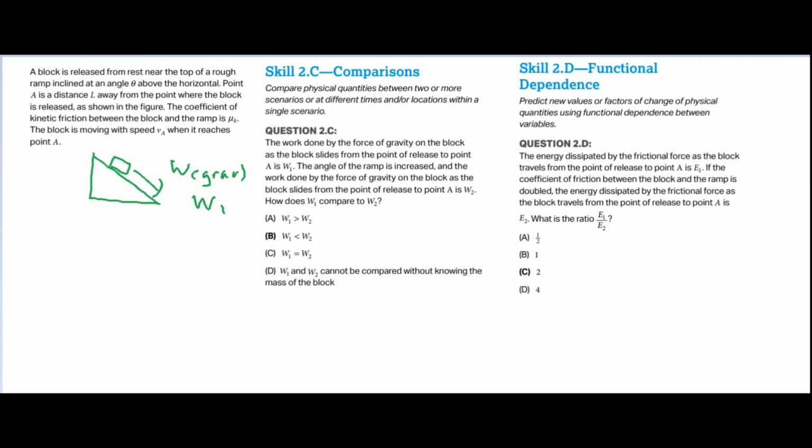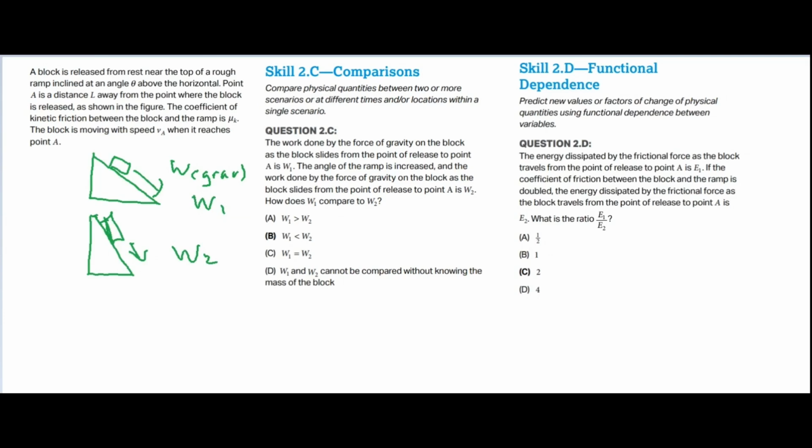The angle of the ramp is increased, and the work done by the force of gravity on the block as the block slides from the point of release to point A is W2. Okay, so this one is tilted up, greater angle, and we still have some sort of work done. That one is W2. All right, so how does W1 compare to W2?